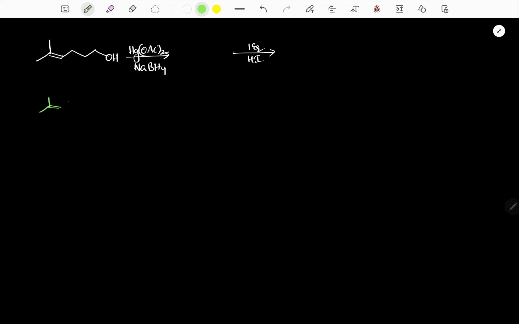The reactant has an alkene functional group and an alcohol functional group. Now it is treated with Hg(OAc)2. So the alkene reacts with the mercury and forms the corresponding 3-membered ring.